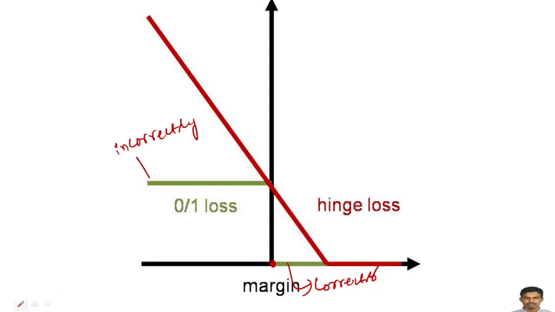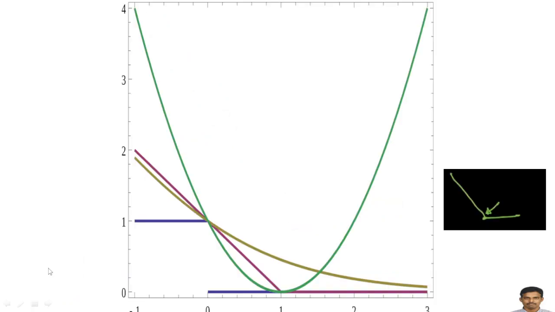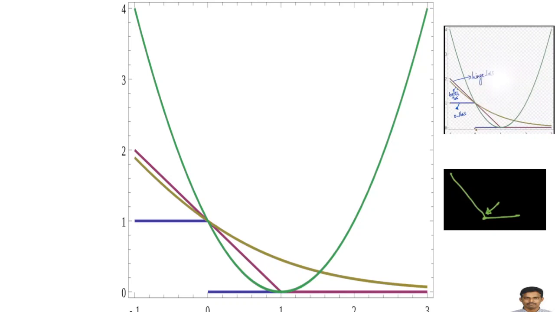Let us go to the Wikipedia page on loss functions for classification. What is this blue line? This blue line is 0-1 loss.